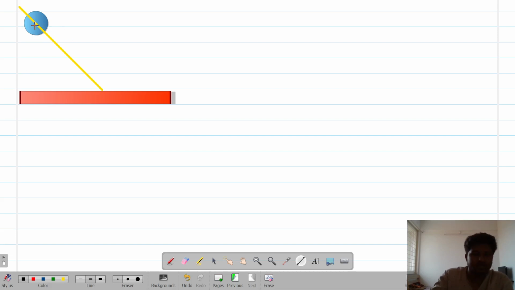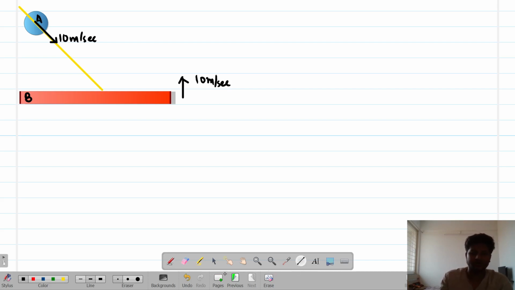So its velocity along this line is somewhere 10 meter per second. This is A, this is B, and the wall is moving upwards with a velocity of 10 meter per second. Are you able to get me or not? Same, 10 meter per second.